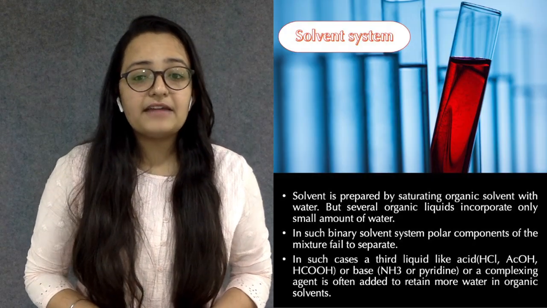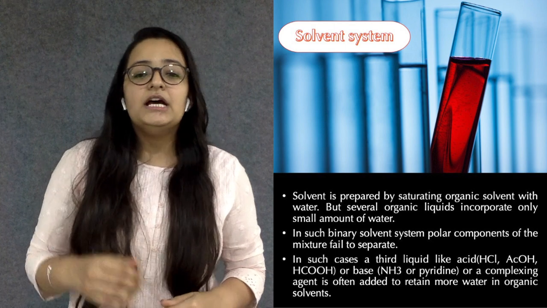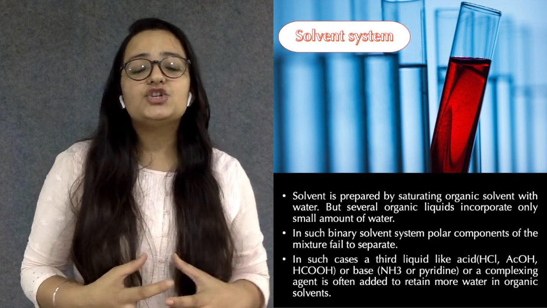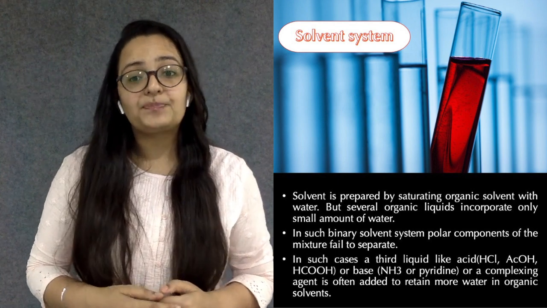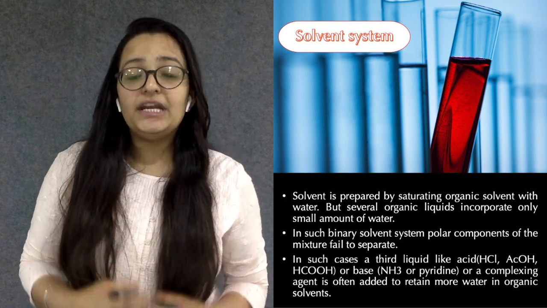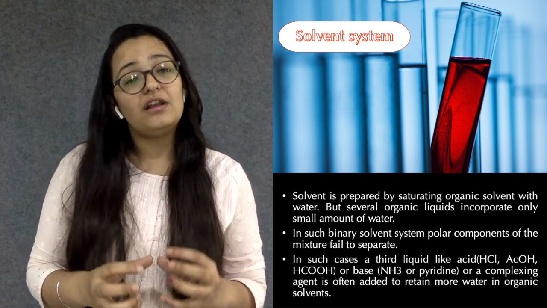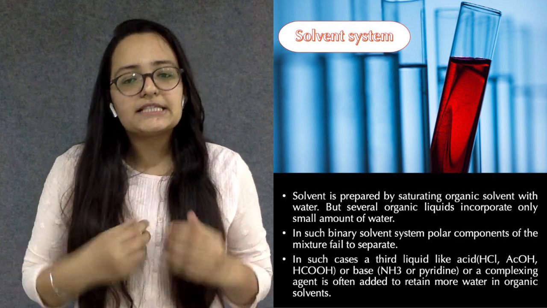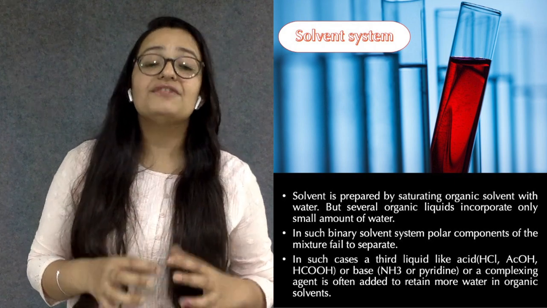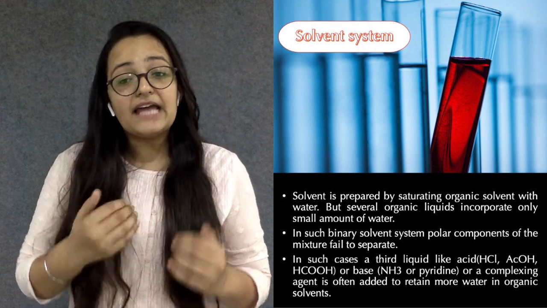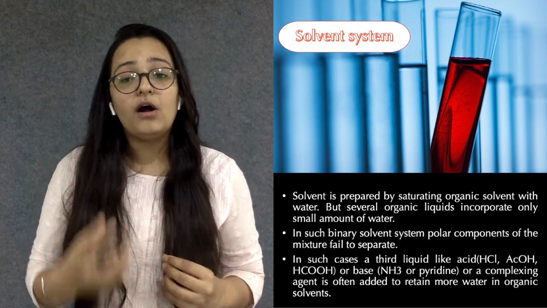Second important segment is the solvent system. Solvent is prepared by saturating an organic solvent with water to adjust the polarity. But several organic liquids incorporate only a small amount of water. In such a binary solvent system, polar components of the mixture fail to separate. In that case, we have to add a third liquid.